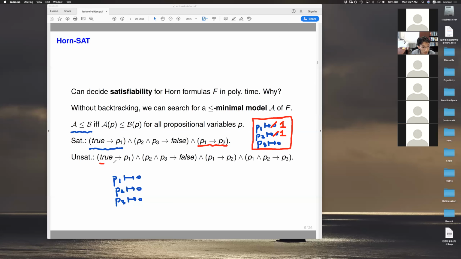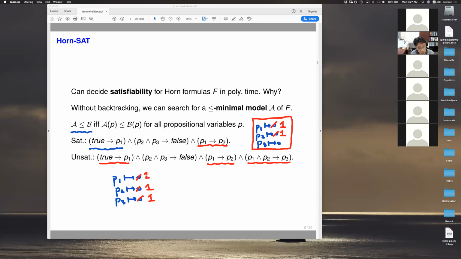Because of the first clause, we revise P1 to be 1. Because of the third clause, since P1 is now equal to 1, P2 also has to be equal to 1. Now the additional clause that we have, the fourth one, says if P1 and P2 are equal to 1, P3 also has to be 1. So we replace the value of P3 with 1.